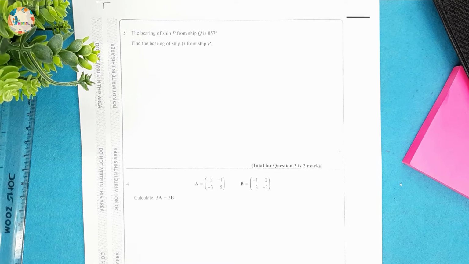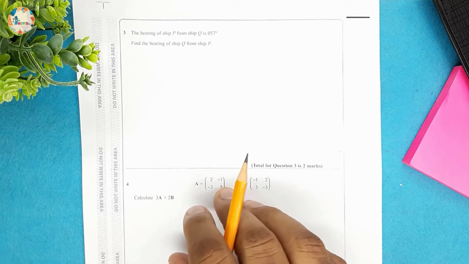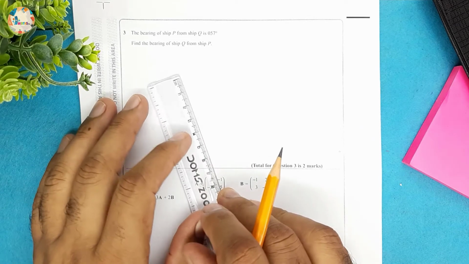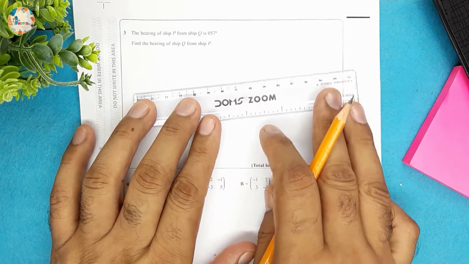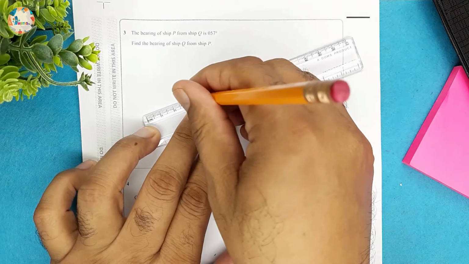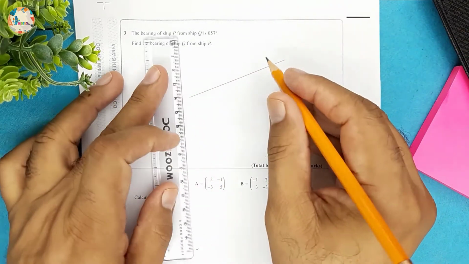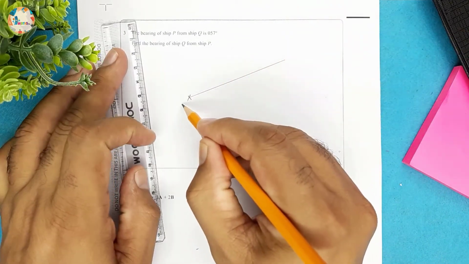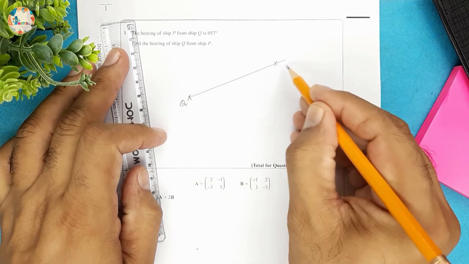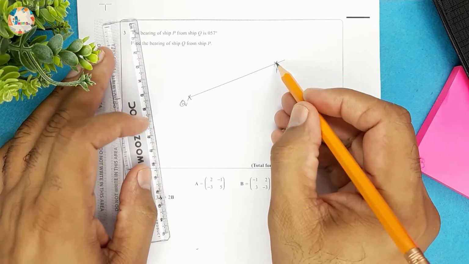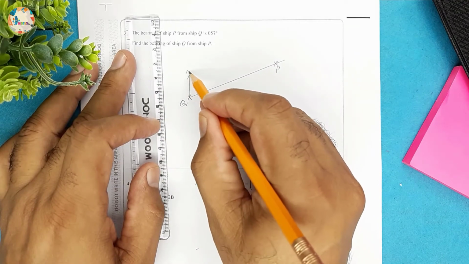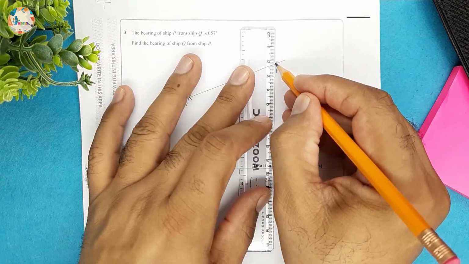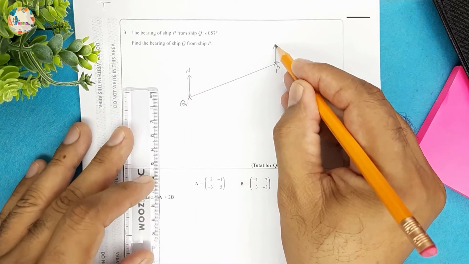The bearing of ship P from Q is 057 degrees. So P from Q is 057, basically 57 will be like this. For example, this is Q, this is P. So the bearing of P from Q, we can take north like this, and north over here will be like this.